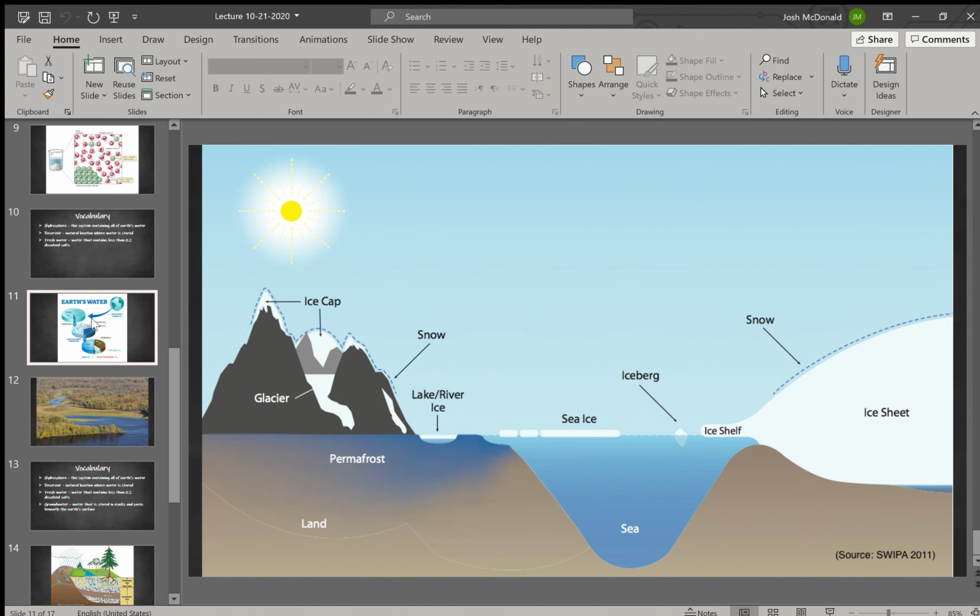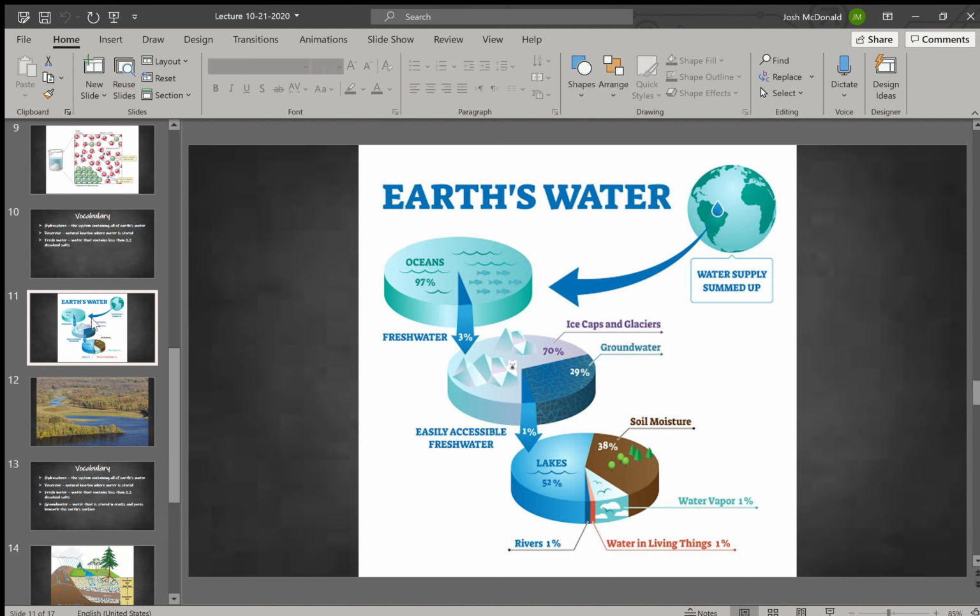And we don't really think about that, especially here where we don't really see a lot of the cold and snow, but 70% of our fresh water is not accessible because it's in these ice caps and glaciers. Now, we don't necessarily want those to melt, but that just lets you know what amount of water is sitting there at our ice caps and sitting on top of mountains and sitting in these cold weather areas.